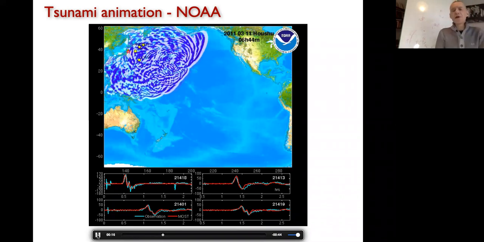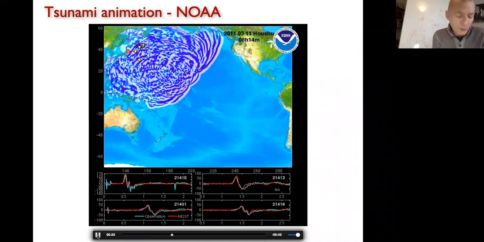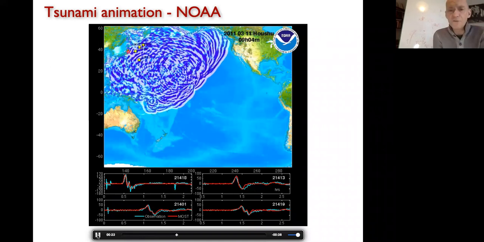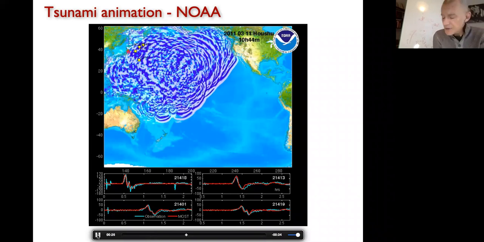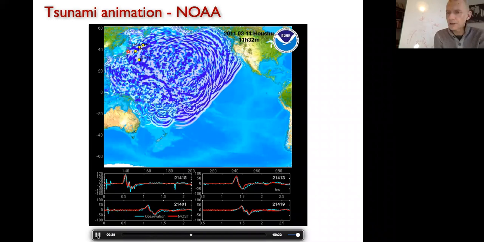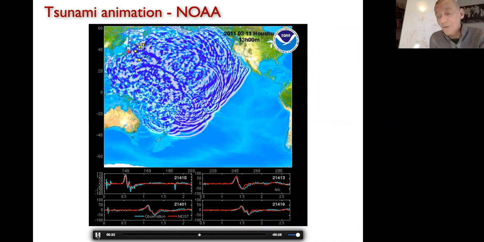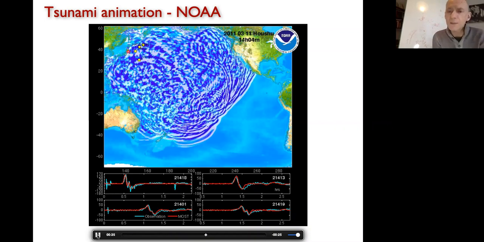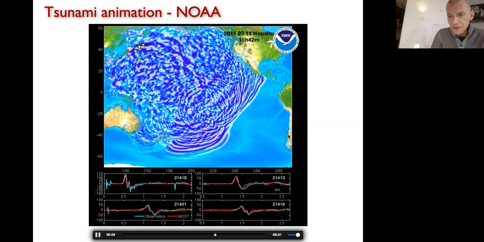Now, the Pacific is very important, but it's very large. And it was the place where the first idea of a tsunami warning center started, in 1960, after the Valdivia earthquake, the strongest earthquake in human history, with a magnitude estimated to be 9.5, that occurred on the Chilean coasts here.